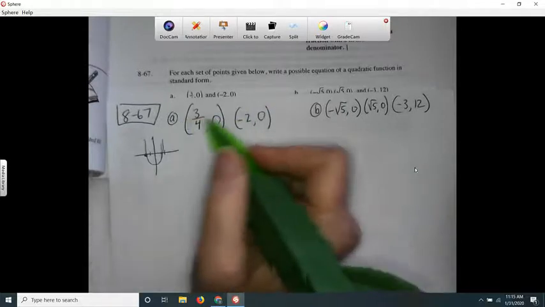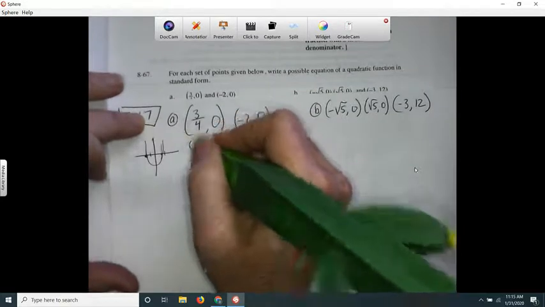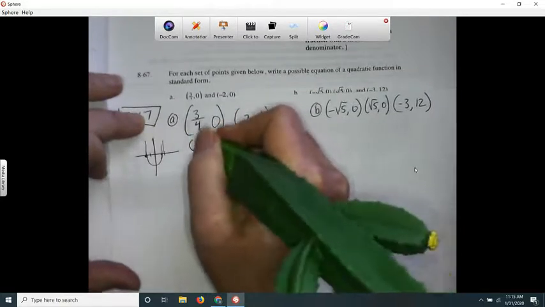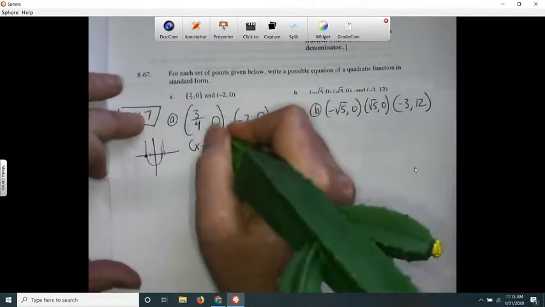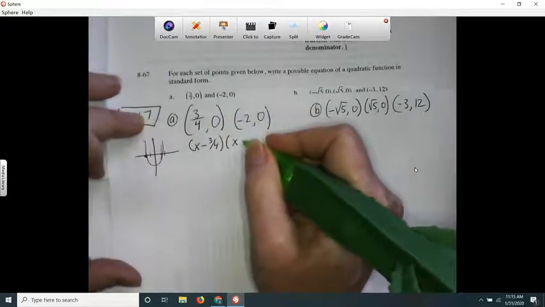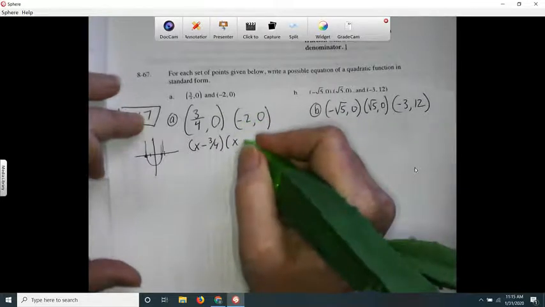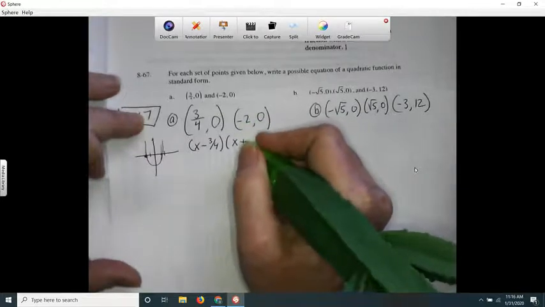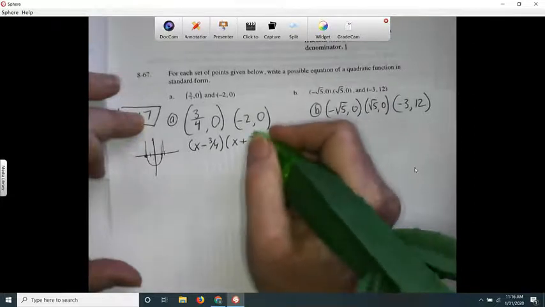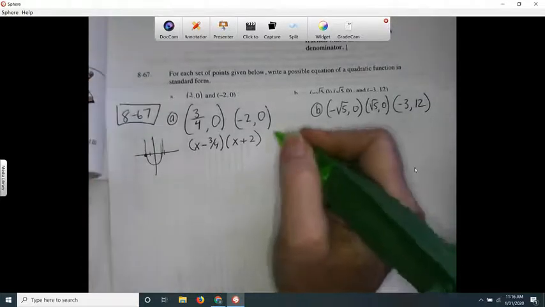So I can use that method where it's just x minus 3/4 times x minus negative 2, which would be x plus 2. Yeah, I could write it as equals 0 if I want.